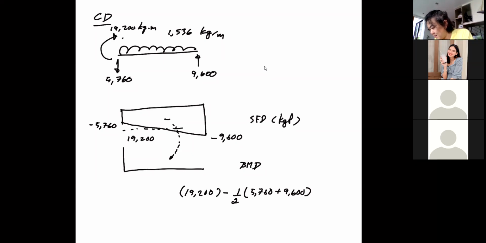That's the average height, and then multiply by this distance, which is the length of the member. I think it's 2.5 meters. Okay, so that should be 0. And your bending moment diagram should, oops, sorry, the slip of the iPad, come down to be 0. So that is the end of everything.